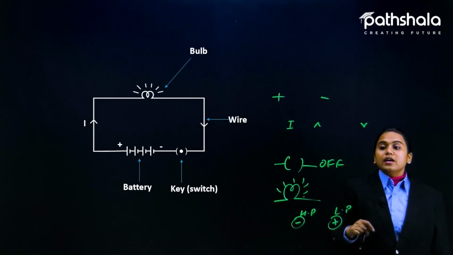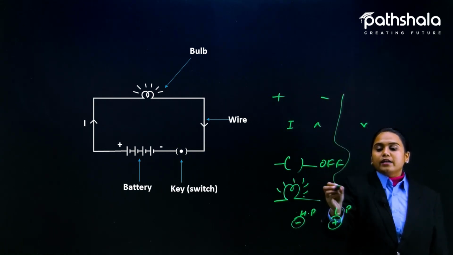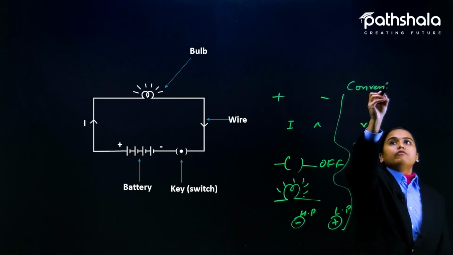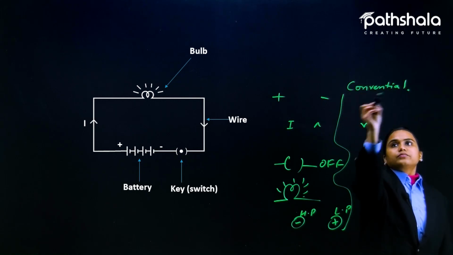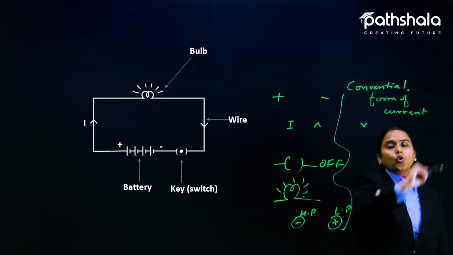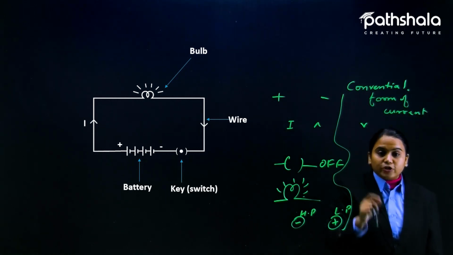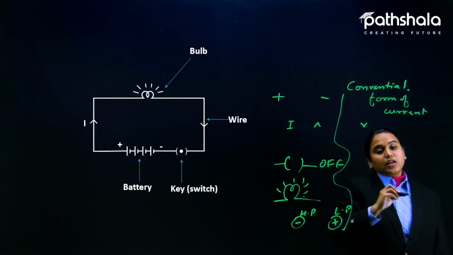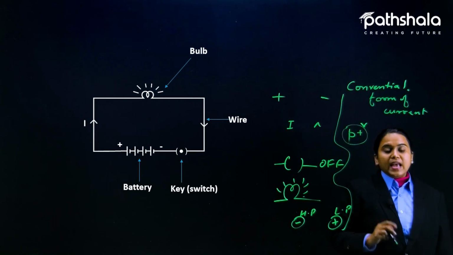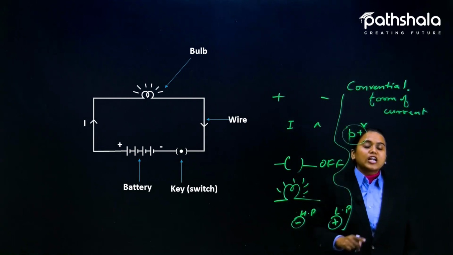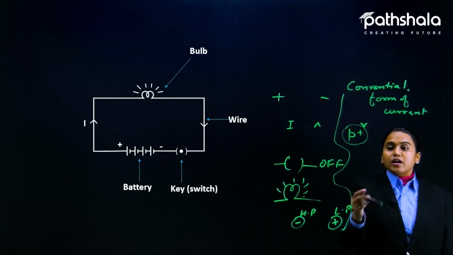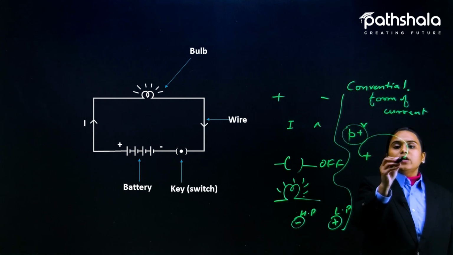Here is a contradictory part in our science: earlier a conventional form of current was taken, and earlier we didn't know that the current actually flowing is due to the electrons. Earlier we took the reason for the flow of current to be the proton only, and you know that a proton is a positively charged particle and positive will attract the negative. So here we come to positive to negative.